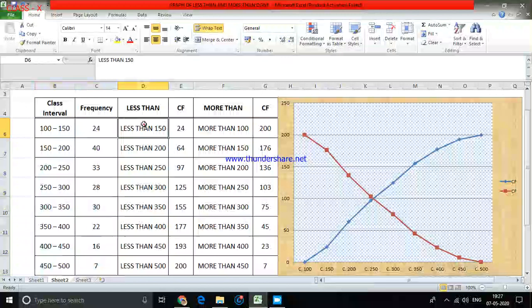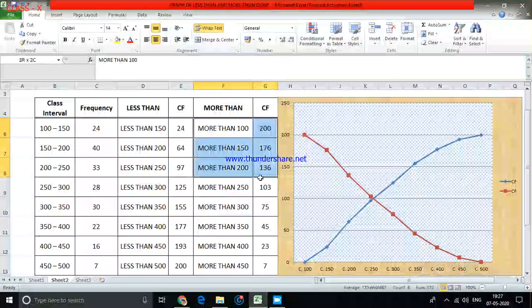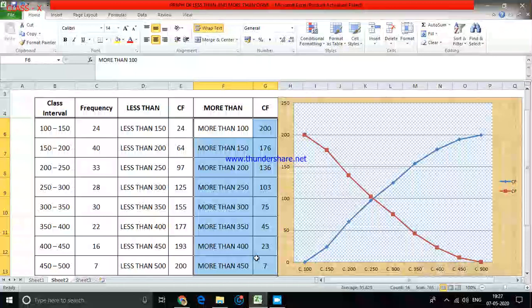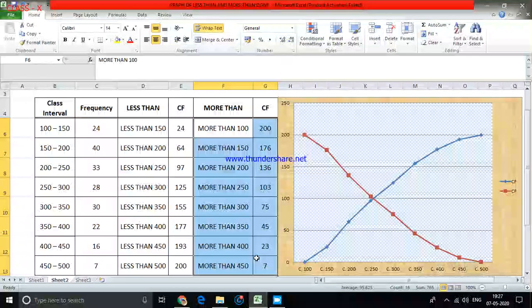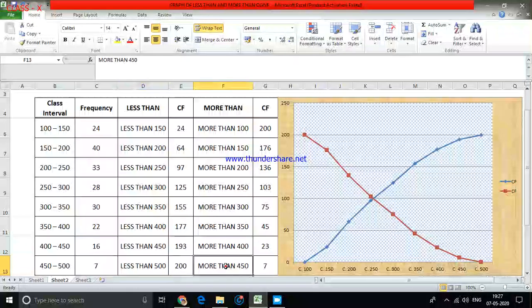Then I convert it into less than type here. Then I convert it into more than type here. Now be careful when you do less than type and more than type questions, because less than type is starting from 150 and more than type is starting from 100. And less than type is going till 500 and more than type is stopping at 450.